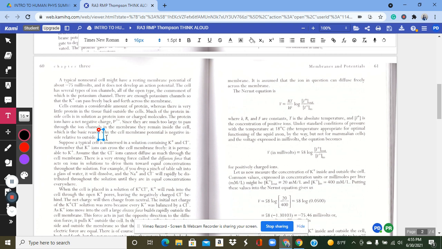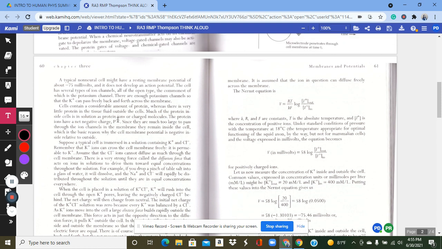So I believe the negative sign in the resting membrane potential represents the negative environment inside the cell relative to the outside. So I think this is why potassium has this increased permeability, but it also has an increased amount of electrical force.